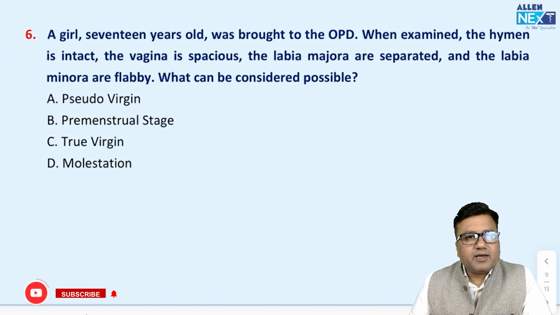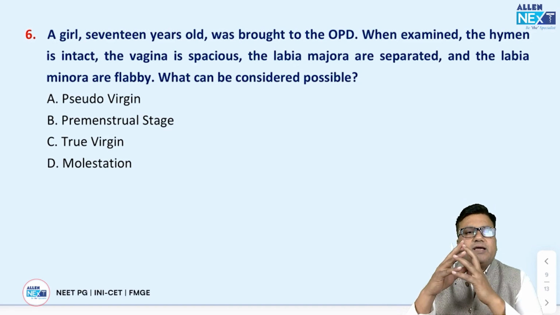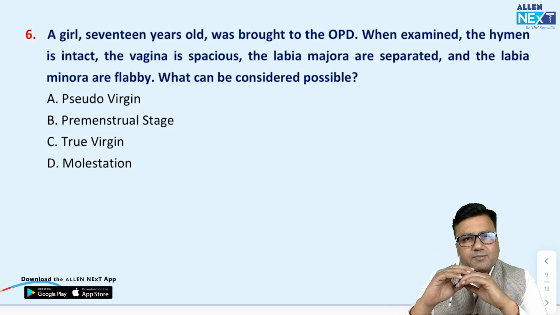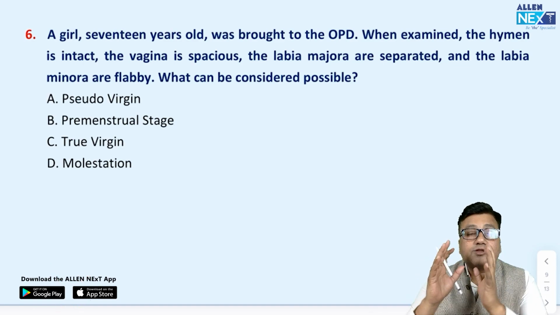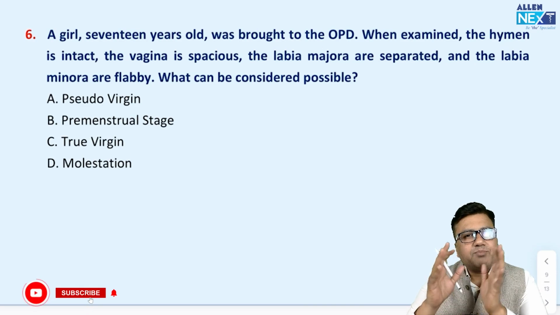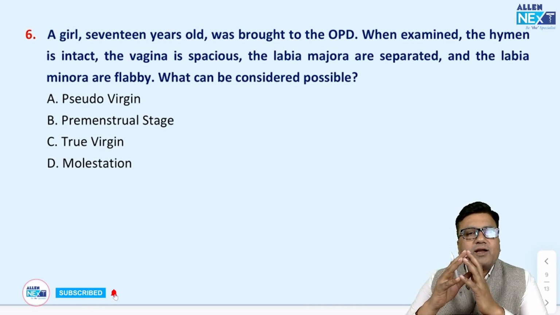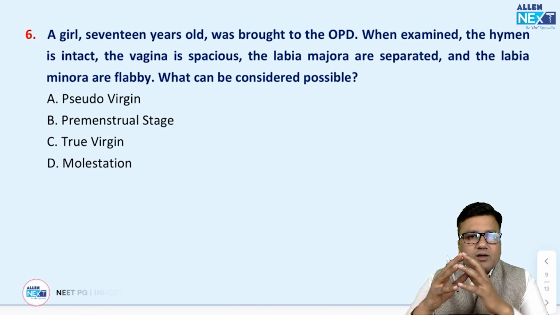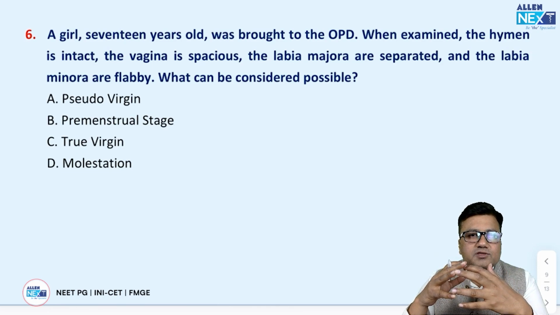Next, a girl 17 years old was brought to the OPD. When examined, the hymen is intact, vagina is spacious, the labia majora are separated, and the labia minora are flabby. What can be considered possible?